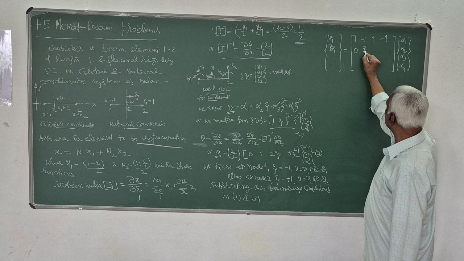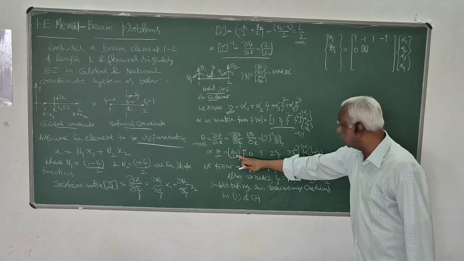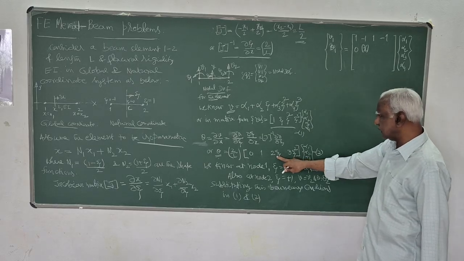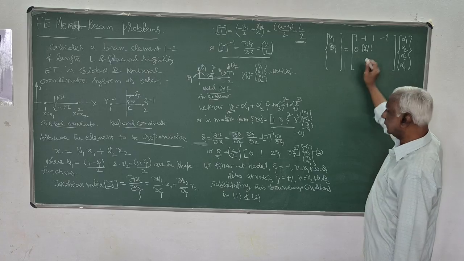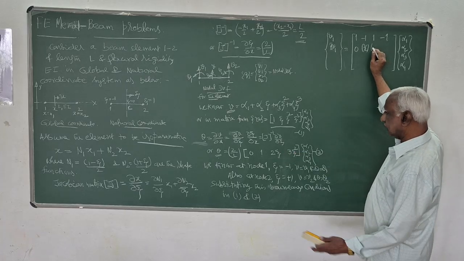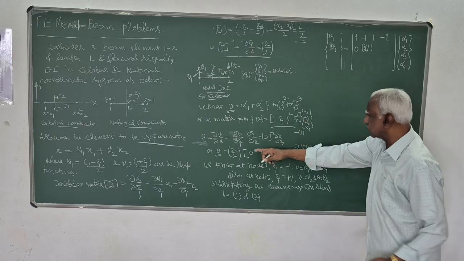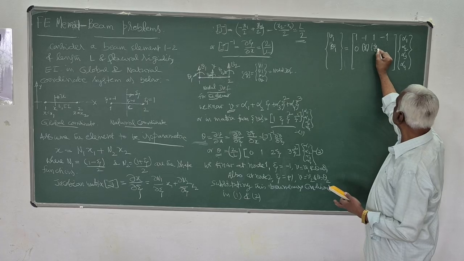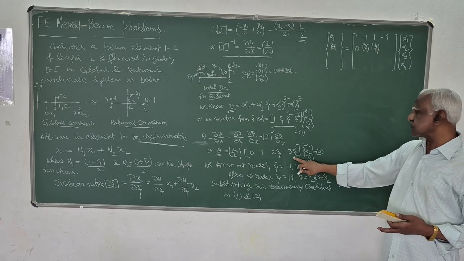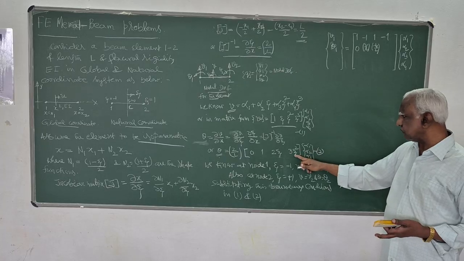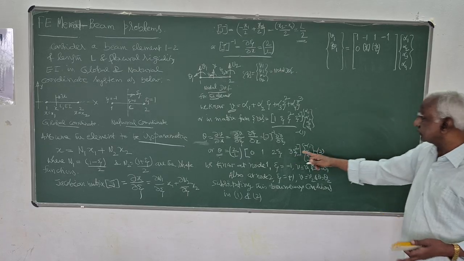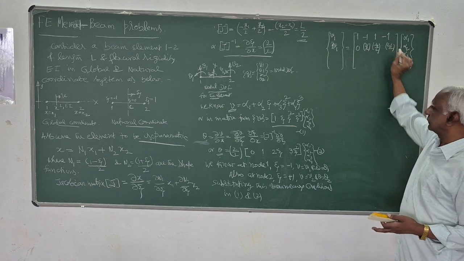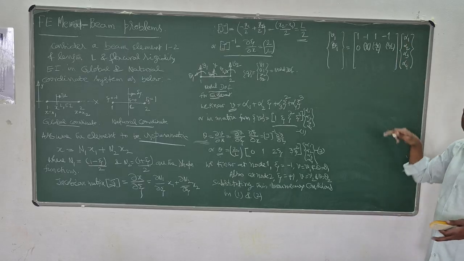So this is 2 by L. Then 2 by L into 2 xi, that is xi is equal to minus 1, so it is 2 into minus 1, that is minus 2 into 2 is minus 4 by L. Then 3 xi square, xi is equal to minus 1 squared plus 1, into 3 into 2 by L, it is 6 by L, into this alpha 1, alpha 2, alpha 3, alpha 4.